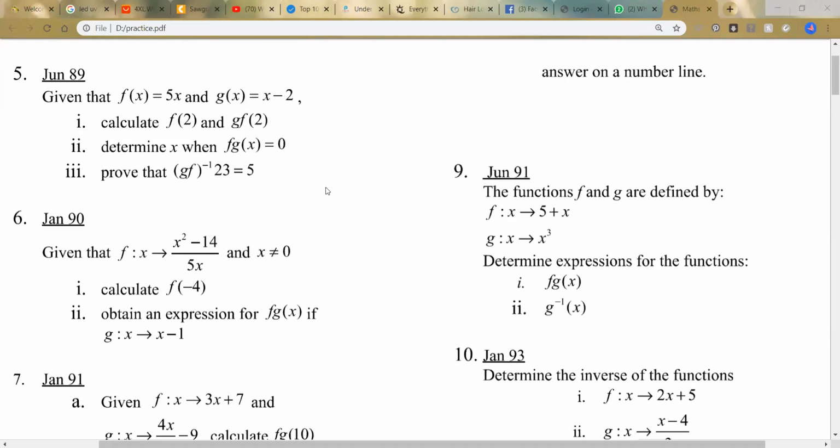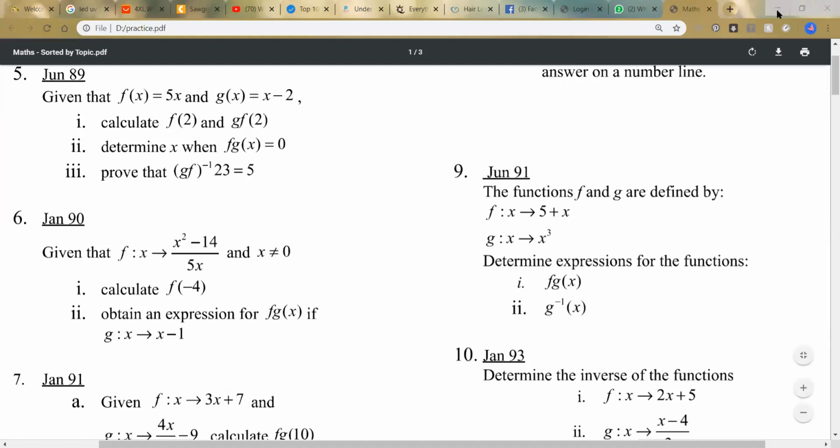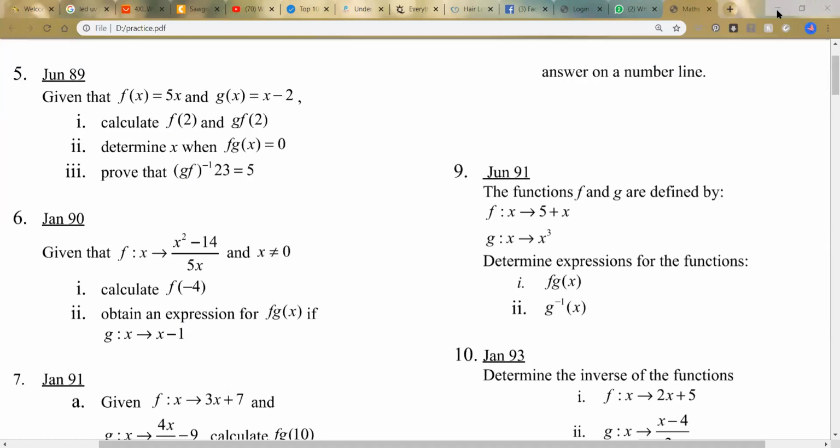Let's see who's going to message me first with the right answer. Determine expressions for the functions.